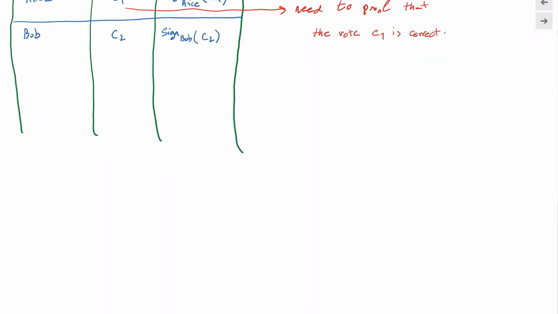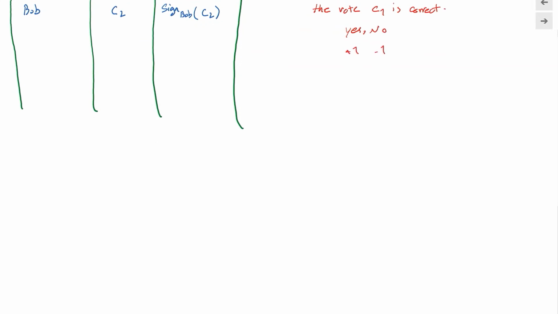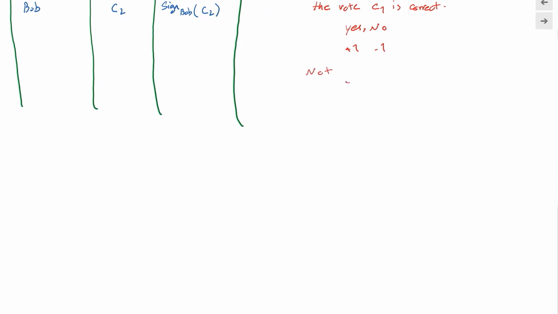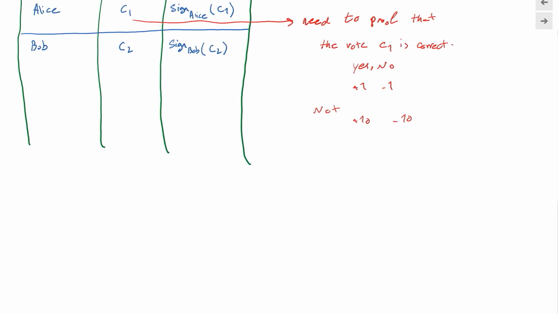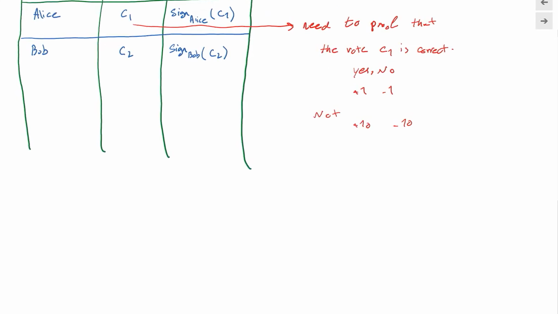By correct means that it should be a yes or no, which is +1 or -1, not something like +10 or -10, right? So it is acceptable for somebody to have a vote if they vote for only +1 or -1.